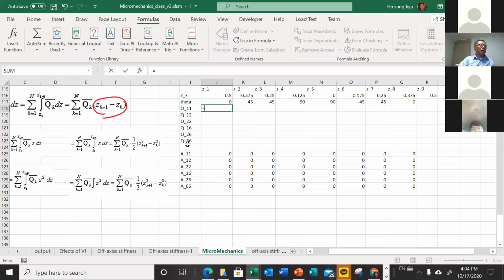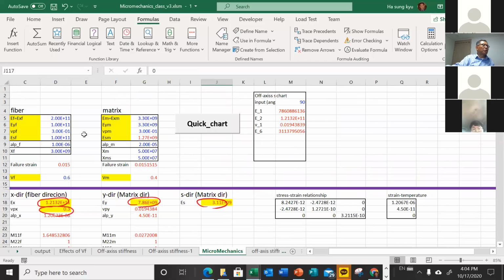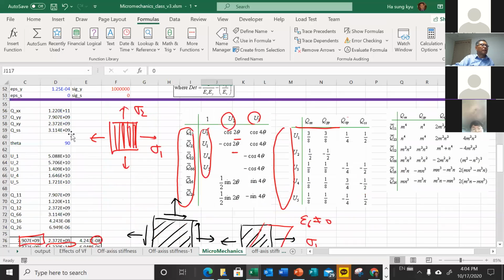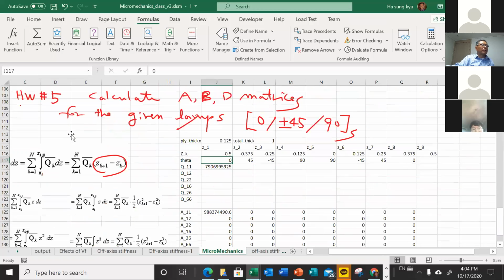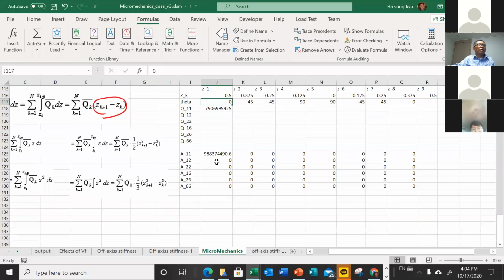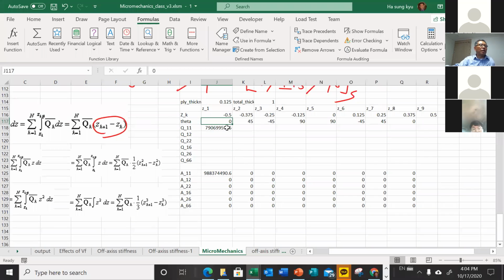So this one, Q11, so far, but this is the angle. This is the angle you need to have. And you don't have to make the automatic program, but any way you prefer, you calculate a matrix and so on.